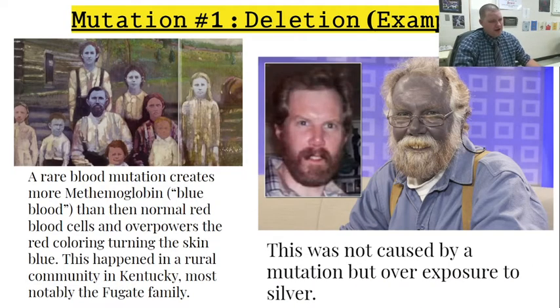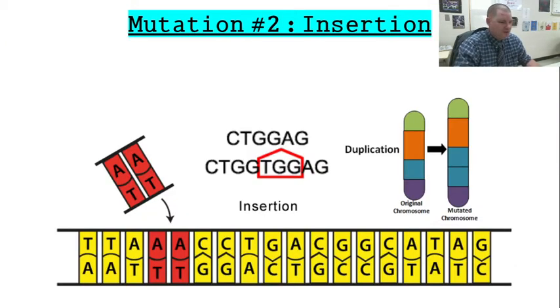And then I tried to find a wide variety of mutations, some common, some maybe not so common. But there's a rare blood mutation that is caused by a deletion that causes your skin tone to become blue. Kind of like the Blue Man Group there. So you got some kind of blue mutations going on there.